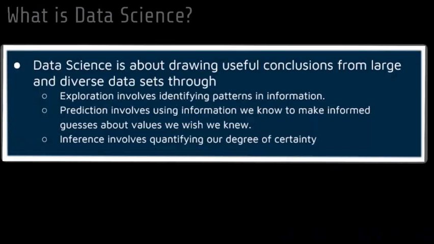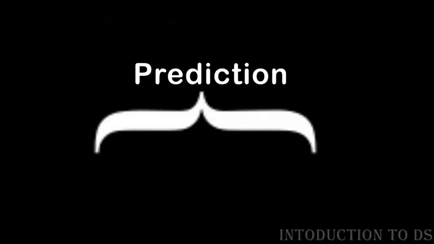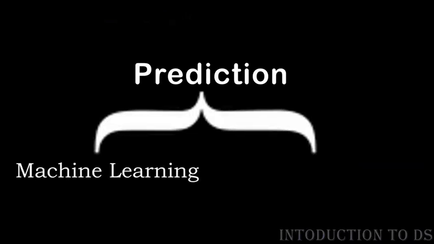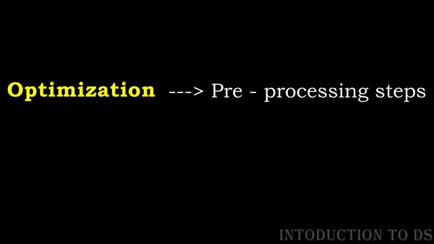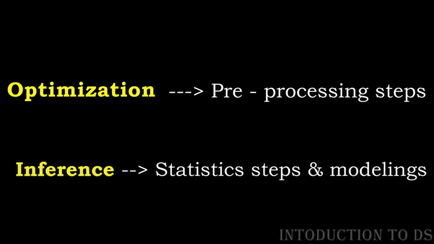Our primary tools for exploration are visualization and descriptive statistics. For prediction we'll be using machine learning and optimization. Optimization involves certain steps known as pre-processing steps, and finally inference involves statistical steps and modeling.